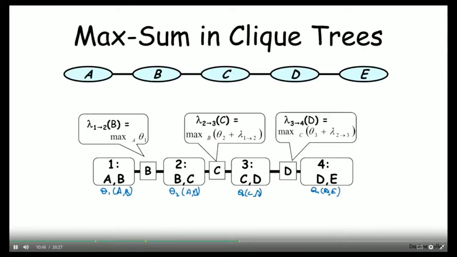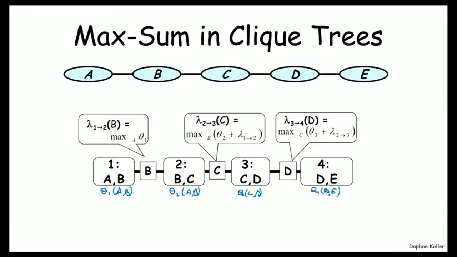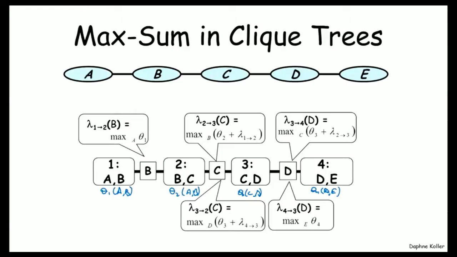And the same thing can happen when clique 3 passes a message to clique 4, in this case over the scope D. So exactly the same message passing process, except using max and sum instead of sum and product. We can equally well pass messages in the other direction. So 4 to 3 over scope D, 3 to 2, and 2 to 1.